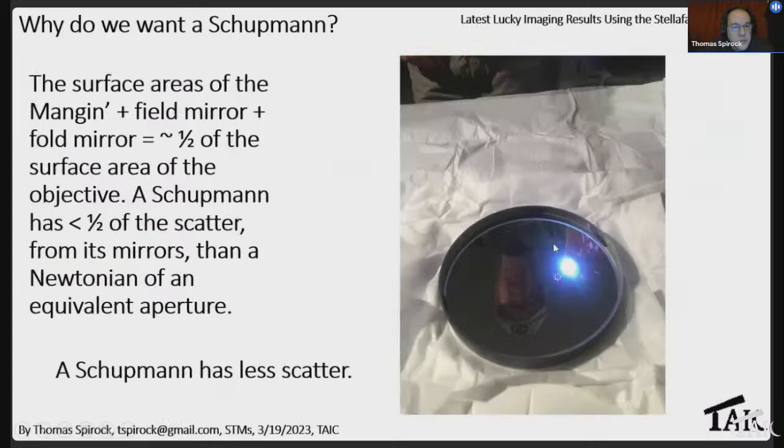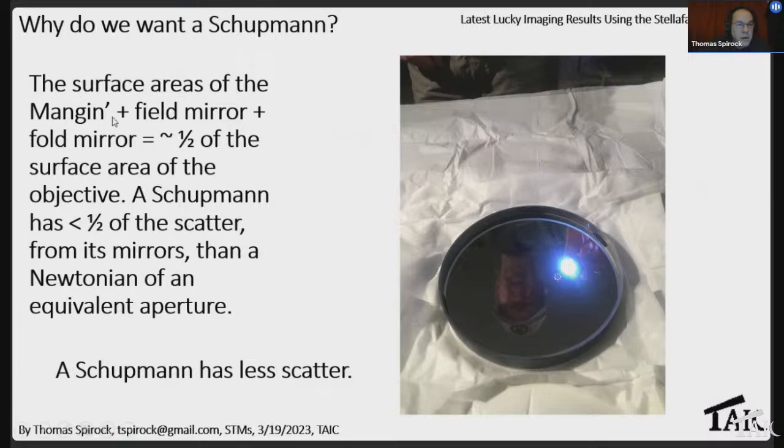Okay. Another reason we'd like to have a Schupmann is scattering. All reflections scatter light, and back surface coated mirrors scatter less than front surface. Also, the total surface area of the coated mirrors in a Schupmann is about 1/2 of that of the equivalent, for example, Newtonian that was a 13-inch diameter.